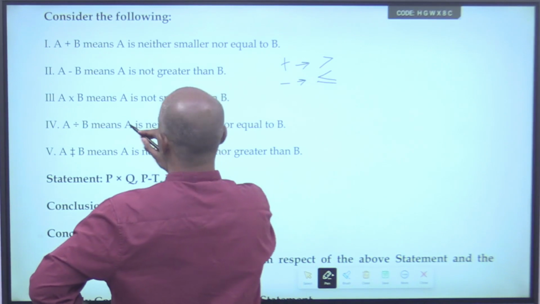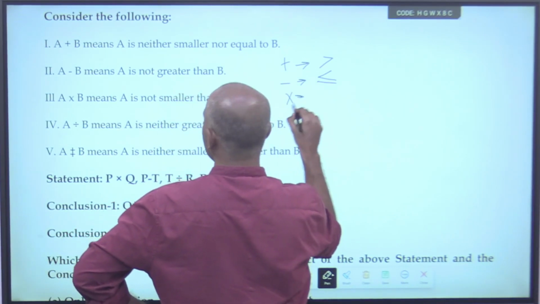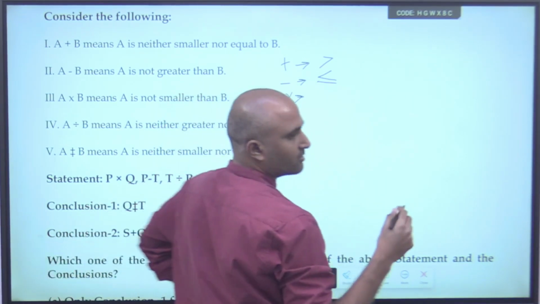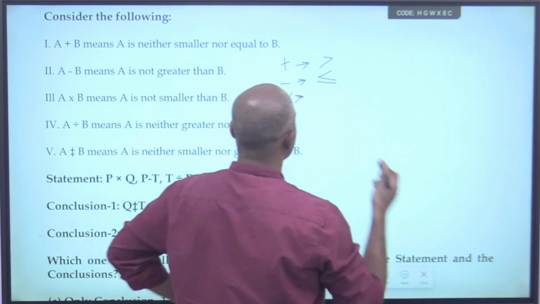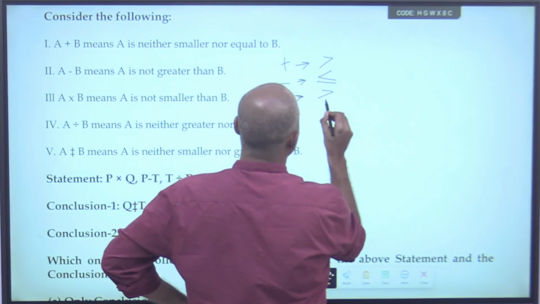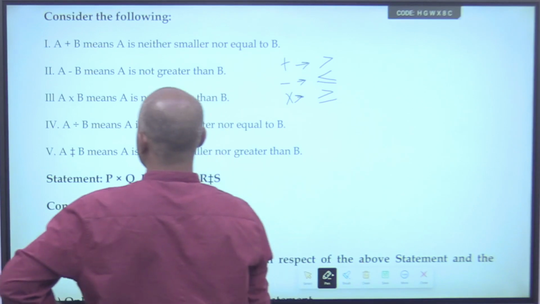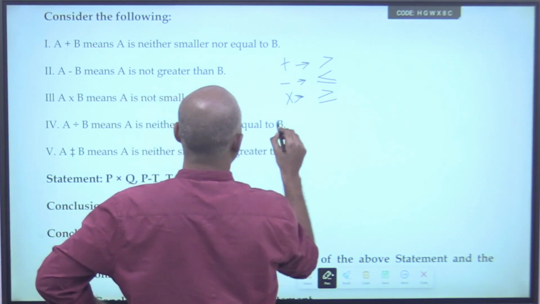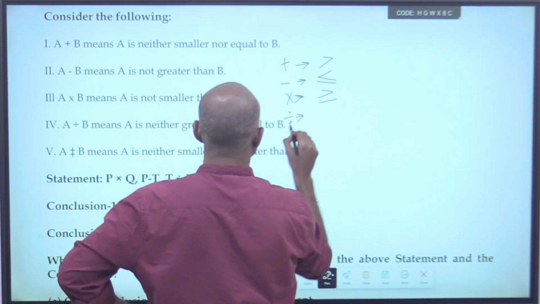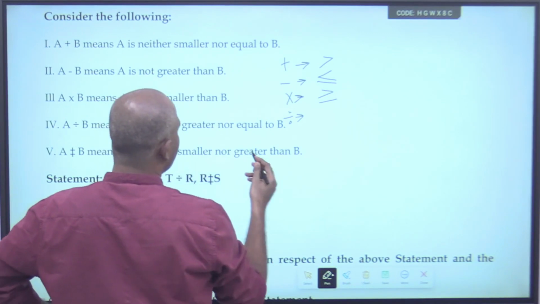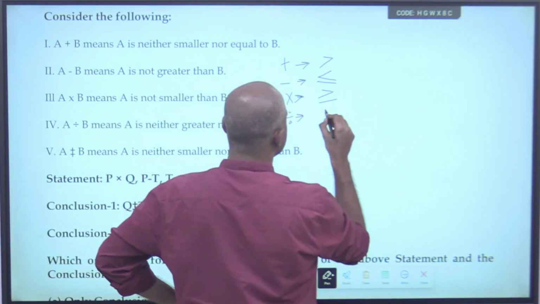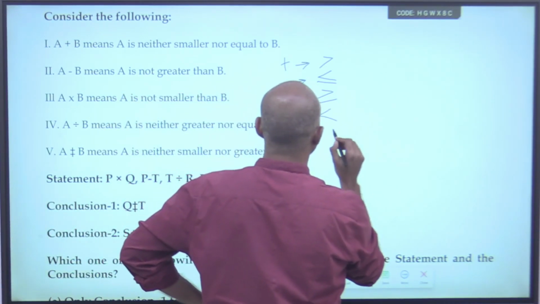Next, a into b means a is not smaller than b. Not smaller means either greater or equal. Next, a divided by b means neither greater nor equal. That means it needs to be smaller.